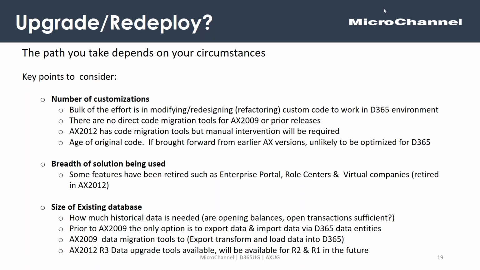So the tools from 9 require you to export data, translate that data, and then import it back into Dynamics 365. So it's worth considering how much information you actually need to bring across. Now is a good time to think about perhaps cleansing that data. Can you start with just opening balances, open transactions, master file data?